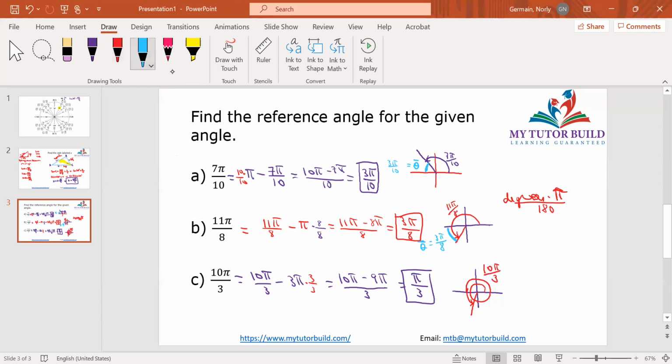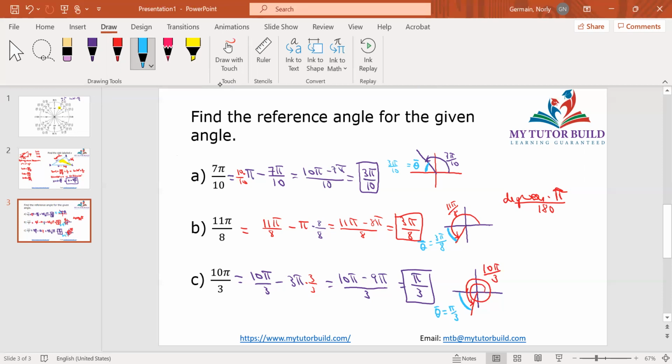Now, what is our reference angle? Reference angle is an acute angle, so that would be this side. Okay, so this side is our reference angle from the x-axis, right here is pi over 3.